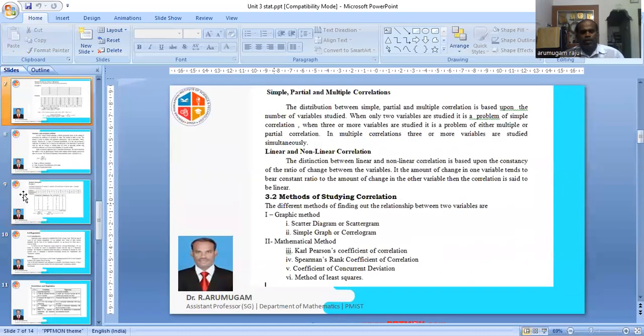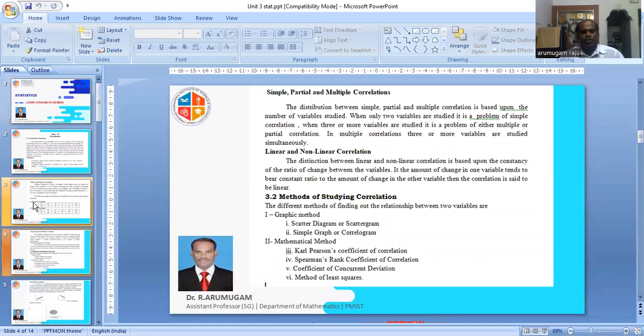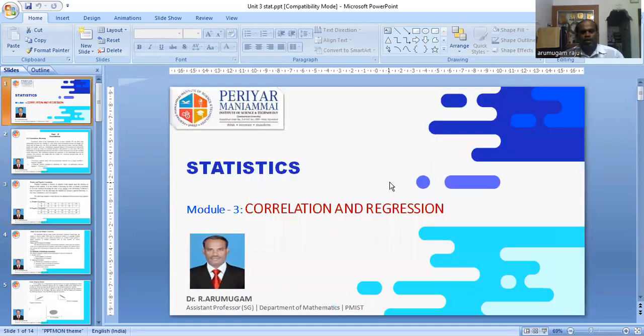The first example for the correlation coefficient is price and supply, or price and demand, or height and weight, or rainfall and yield, and so on.